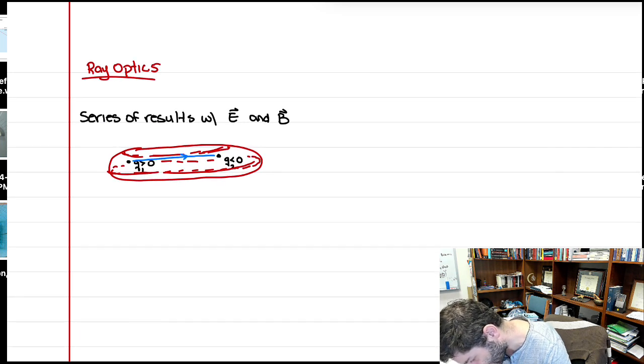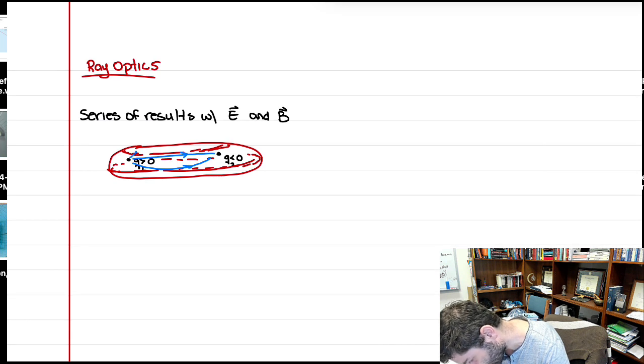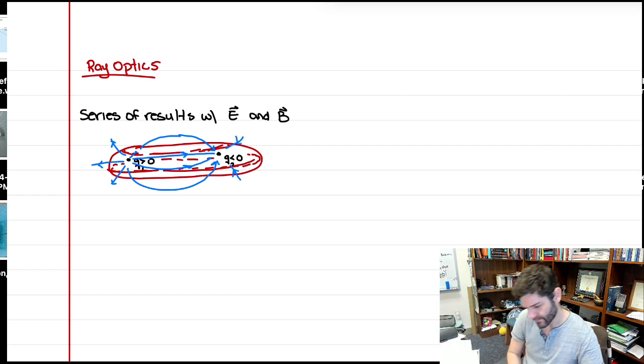Some of them might look like that, some of them might look like this. Some might actually go out of the surface and then come back into the surface, like that. Some of them might go out in this direction. I'm essentially drawing an electric dipole in this case.